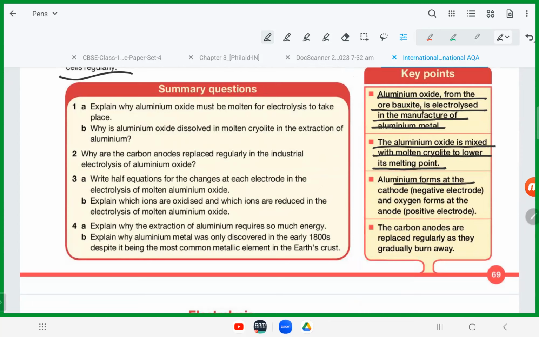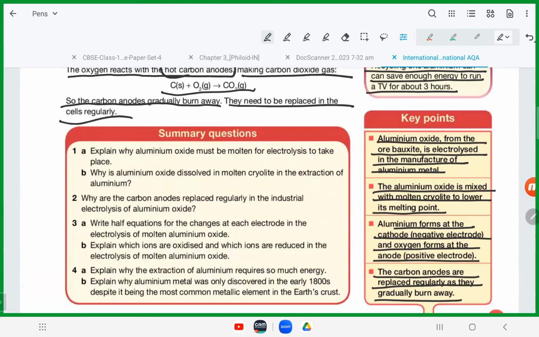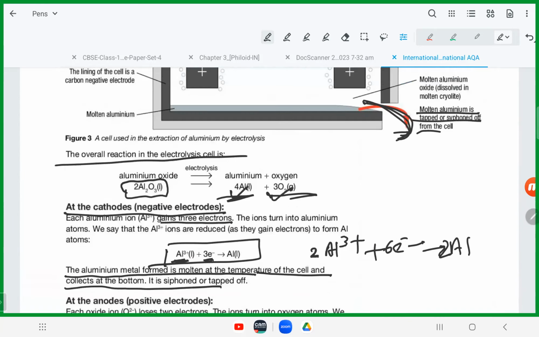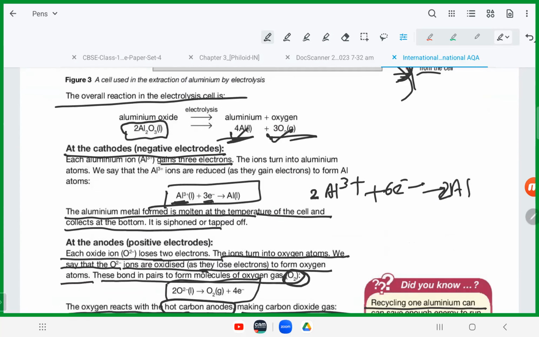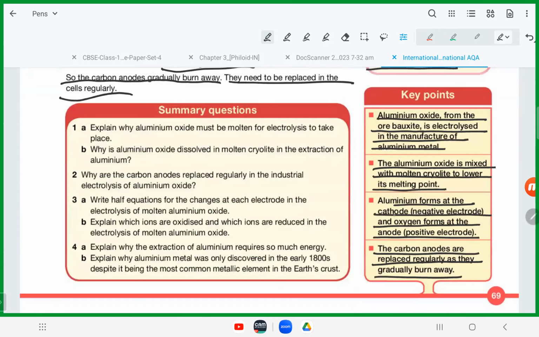Aluminum forms at the cathode, the negative electrode, and oxygen forms at the anode, the positive electrode. The carbon anodes are replaced regularly as they gradually burn away. Here are the carbon electrodes, which we have to replace regularly. The molten aluminum goes out. This is the whole process.